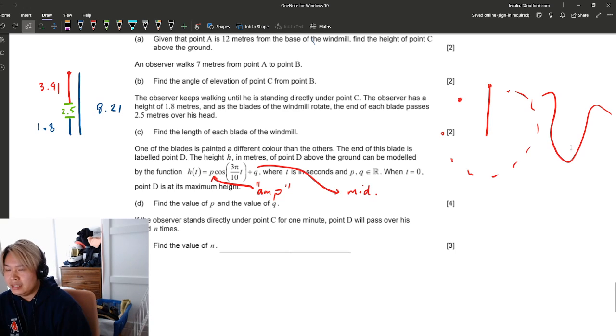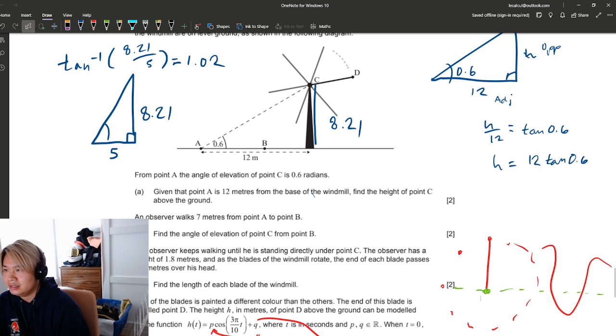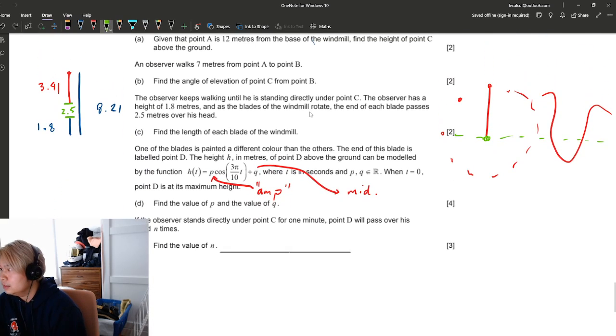Anyways, the midline of a circular motion is going to be the location of the center of the circle, which we already have. It's 8.21 because, again, they're connected here. So Q is 8.21.